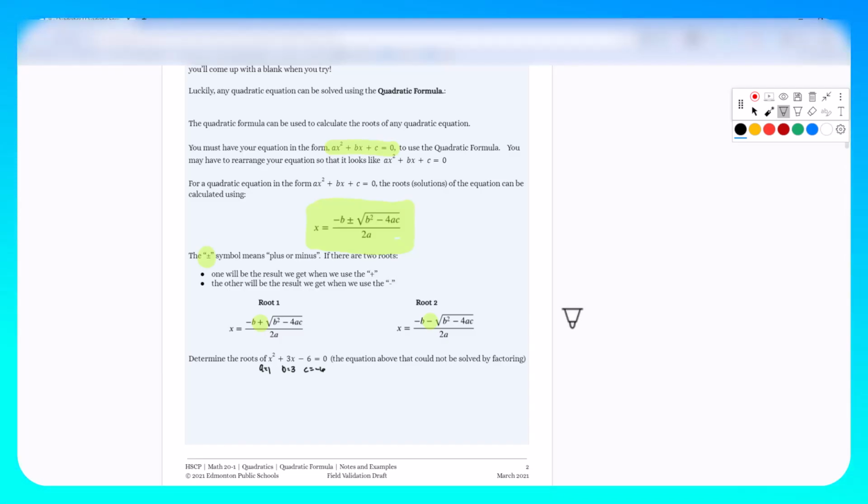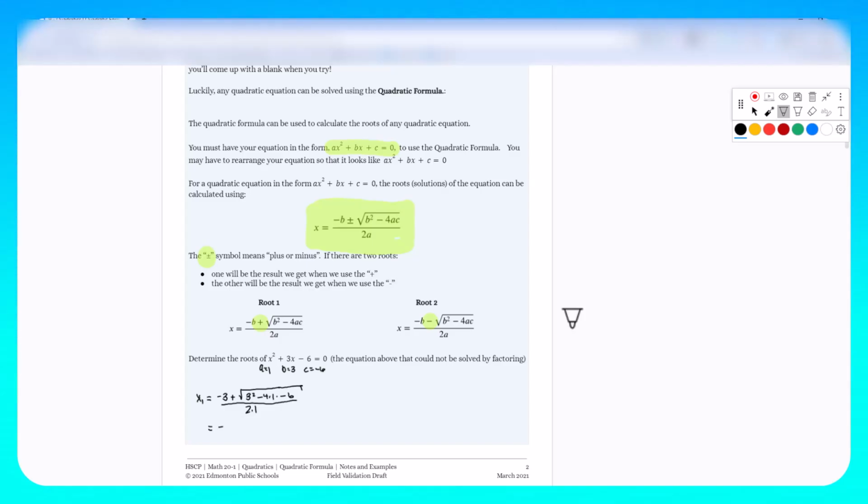So going through this, our first solution, let's do the plus. We're going to say negative 3 plus the square root of 3 squared minus 4 times 1 times negative 6, and that's all over 2 times 1.